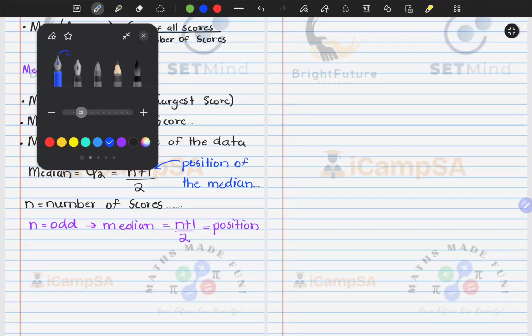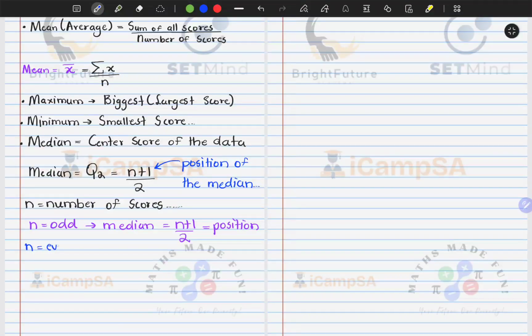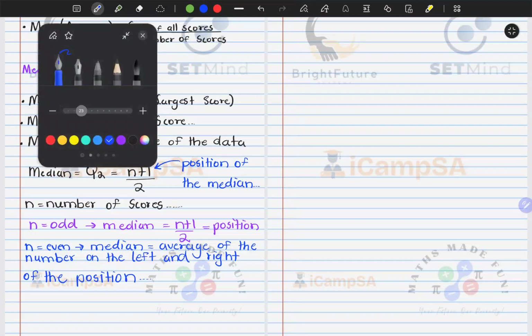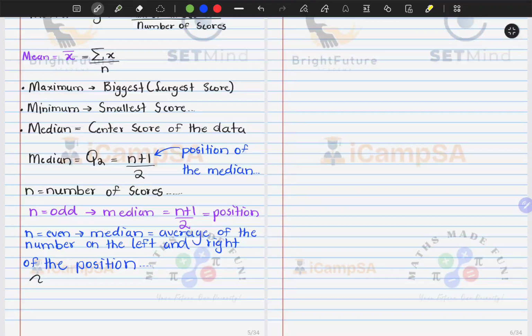However, if n is even, then your median will be equal to the average of the two numbers. It will be the average of the number on the left of the position that we get, let's say you get 2.5, and the number on the right. What do I mean by this? Let me give you an example.